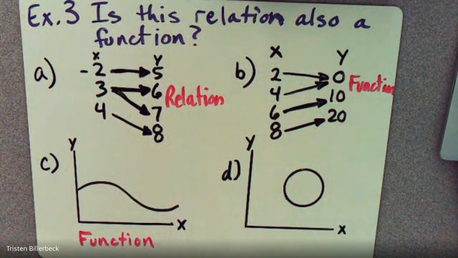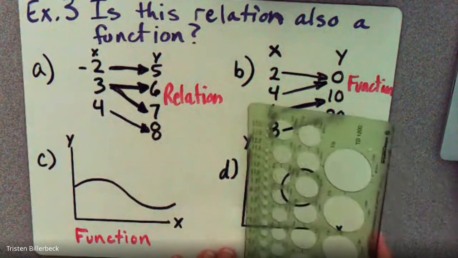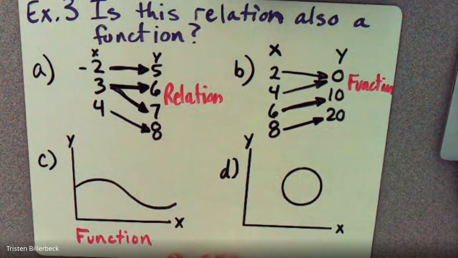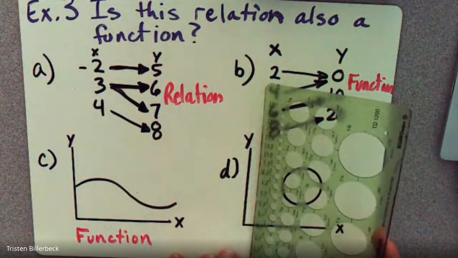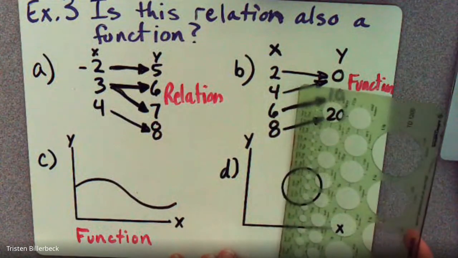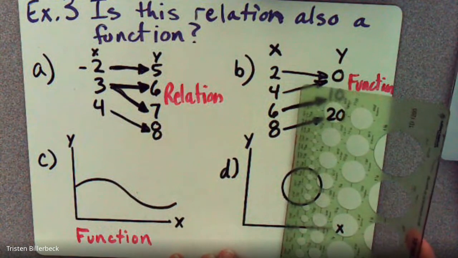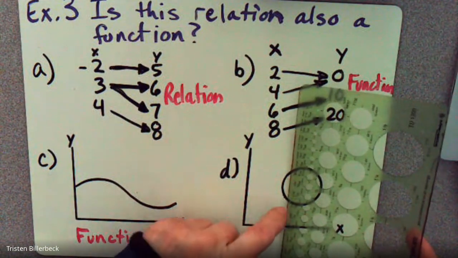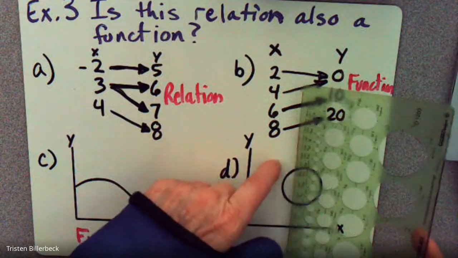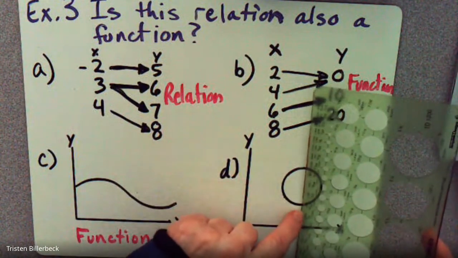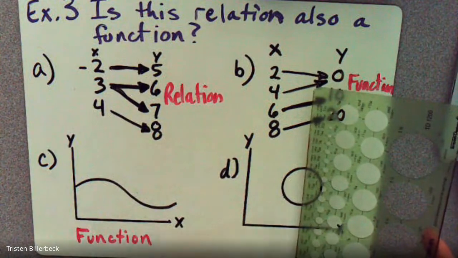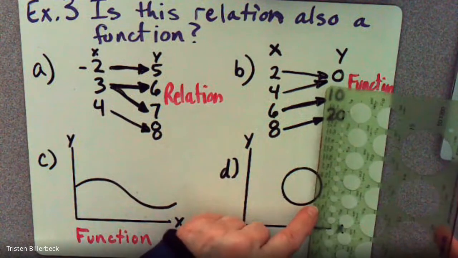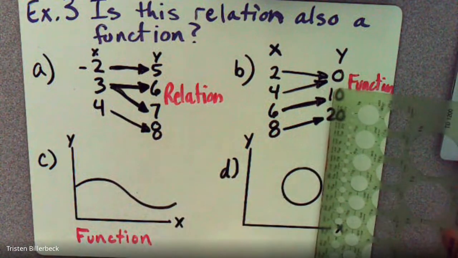All right, so if I take this here and I pass it over the circle, which we know and love, is this going to be a relation or a function? Let's see. Oh, this is a fail on the vertical line test. See how it's hitting right here, and that gets even worse at the diameter, right here, and here it hits. It just keeps hitting until we get to the tangent of the circle.